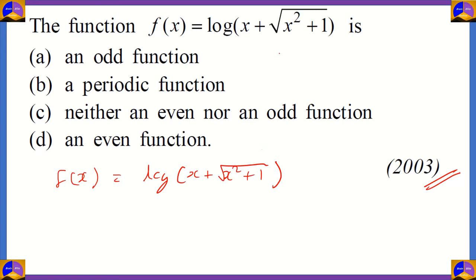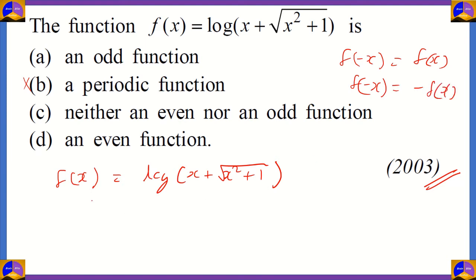And this isn't a periodic function. Periodic functions are usually trigonometric, so option B can be discarded. So it's basically whether it's an even or odd function. For an even function, f of minus x is equal to f of x, and for odd functions, f of minus x is equal to minus f of x.